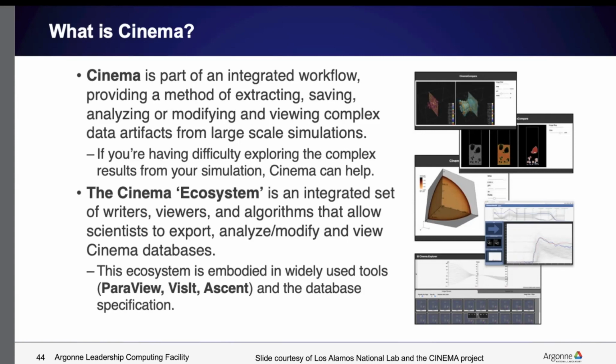So if you're creating an isosurface, you can vary the parameter that gives you the isosurface, and you get a collection of images for every time step that you can later explore interactively. They provide a viewer where you can load those databases of images and explore interactively later.